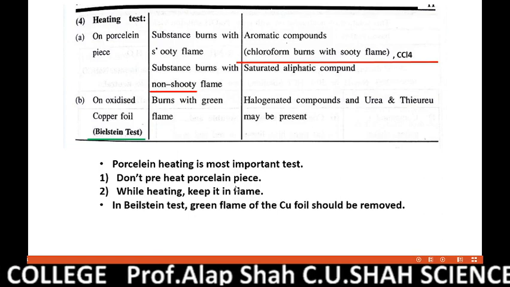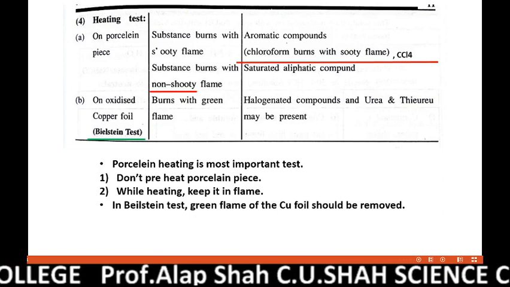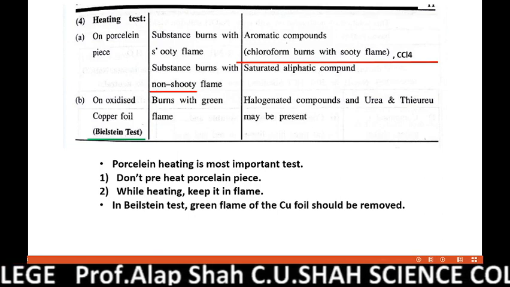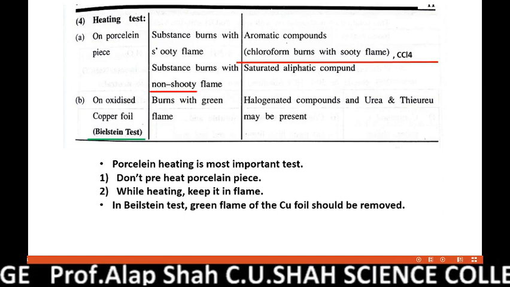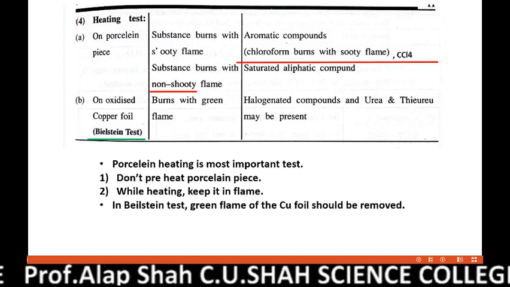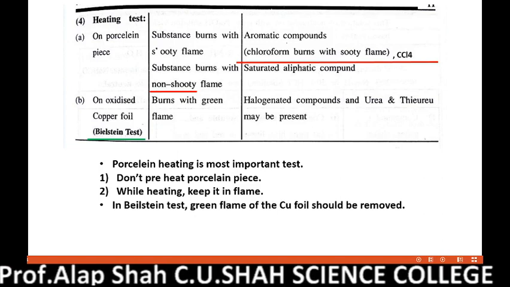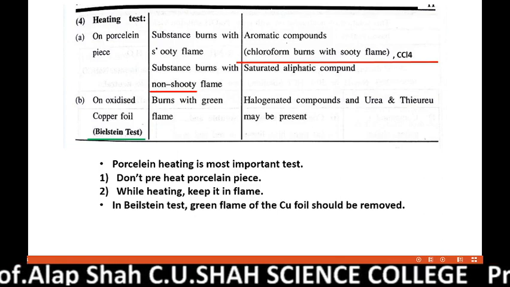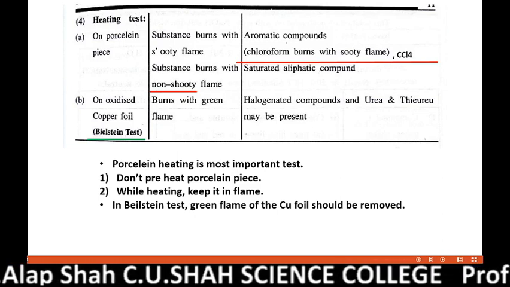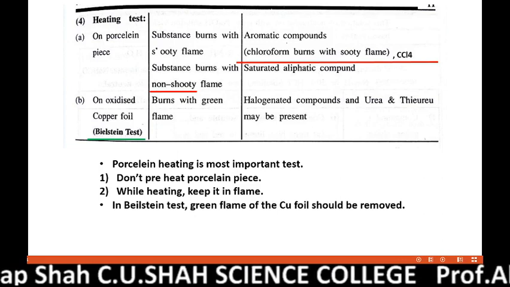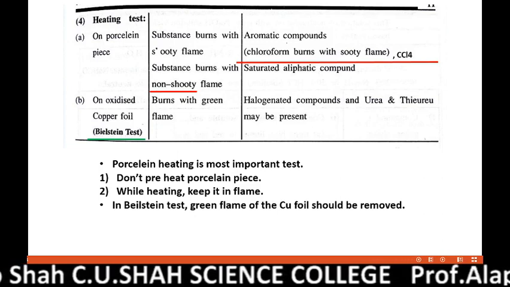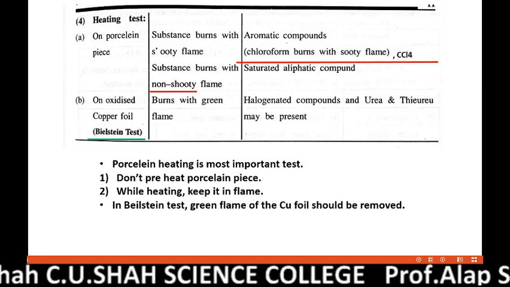First take the substance on a porcelain piece and then place it into the flame of the burner. Second, while you are heating the substance, don't continuously take it out from the flame. Keep it in the flame. First your substance will melt on the surface of the porcelain piece, and then it will burn.